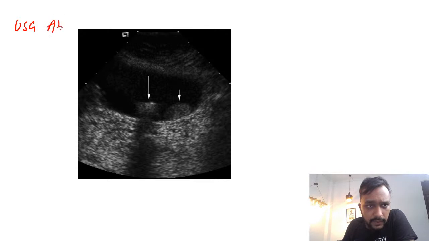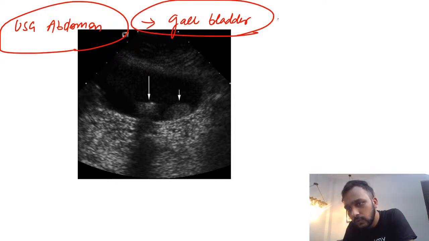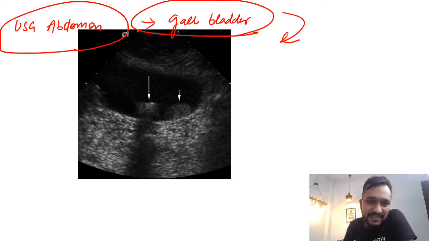So now guys, we have this ultrasound abdomen image in which the gallbladder is being shown to us. What do you see in this case? We can see that there is some calculus within the gallbladder that is showing posterior acoustic shadowing.